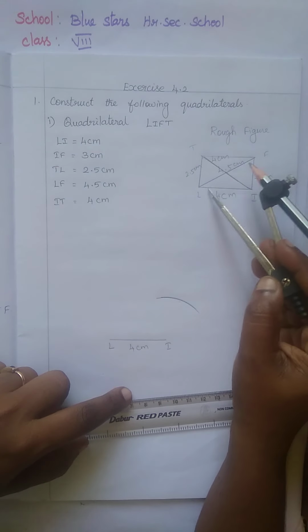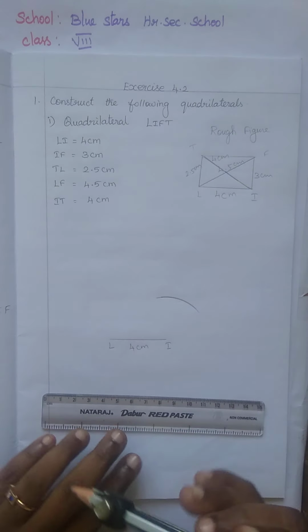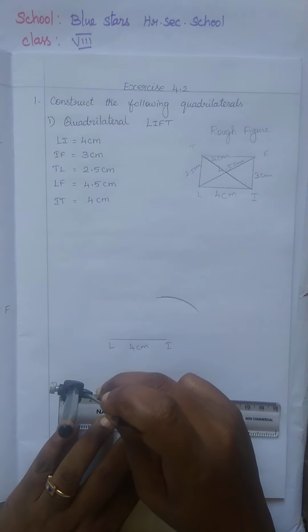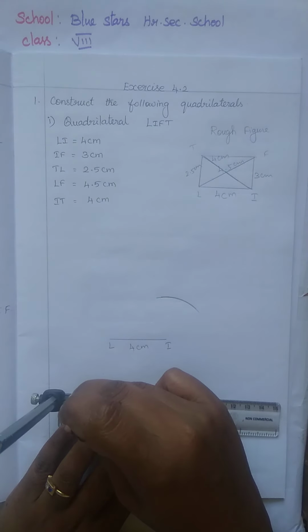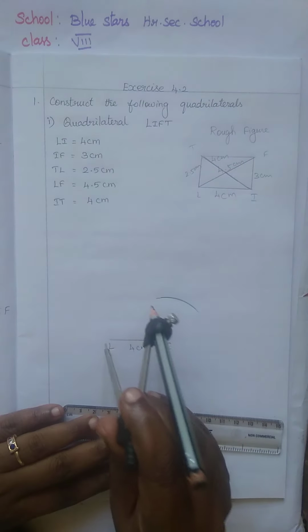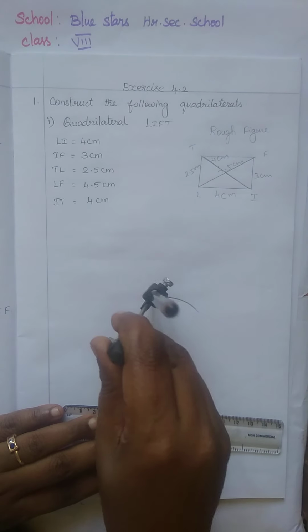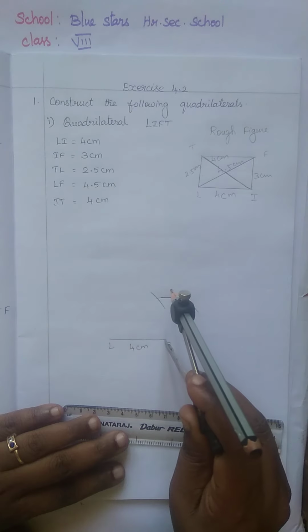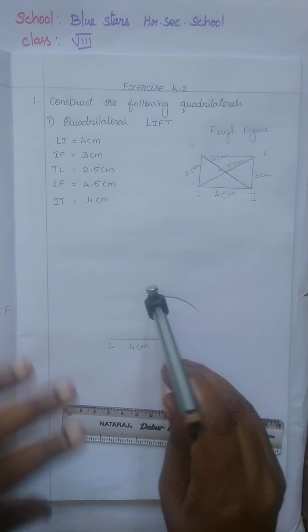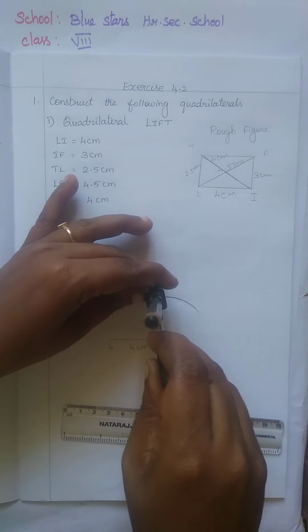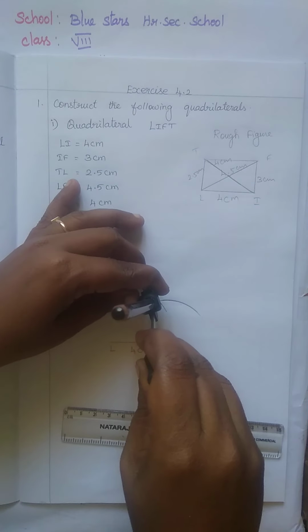Next LF, which is 4.5 centimeter. Now take 4.5 centimeter in your compass and keep the compass tip on point L. Draw an arc. This arc cuts the previous arc.